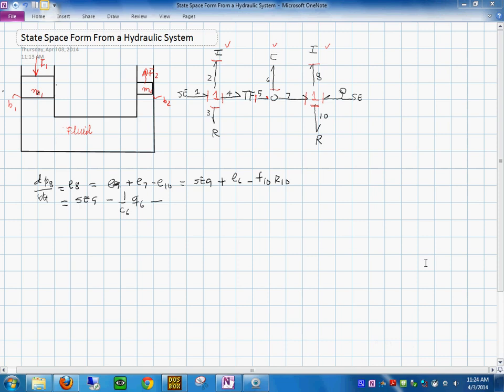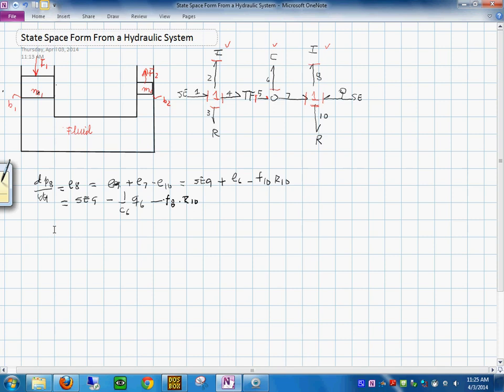So Q sub 6, and then F sub 10 is, of course, F sub 8. And we have, this would be F sub 8 times R sub 10.